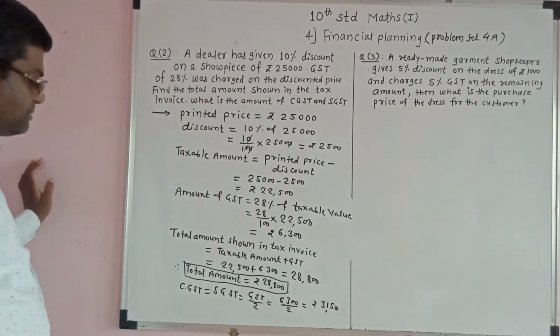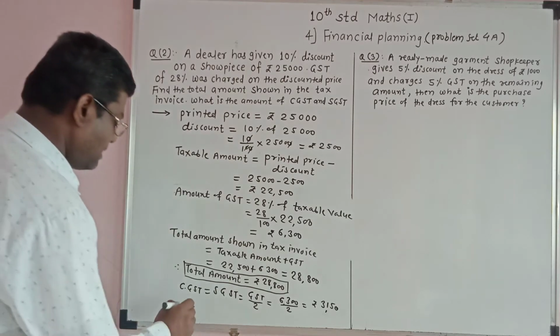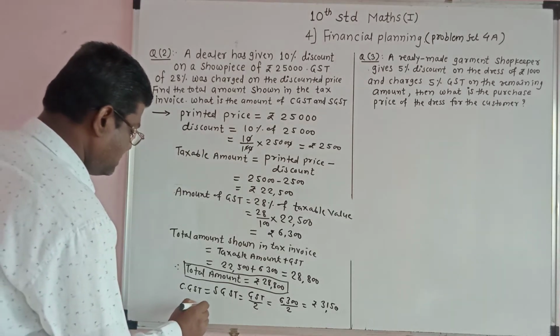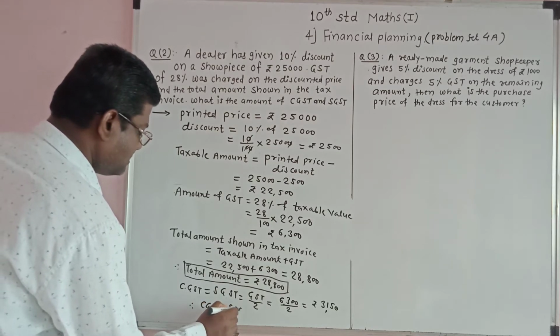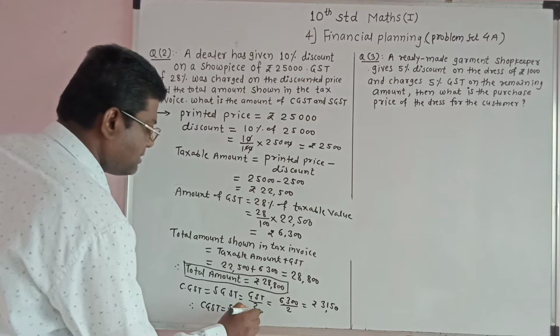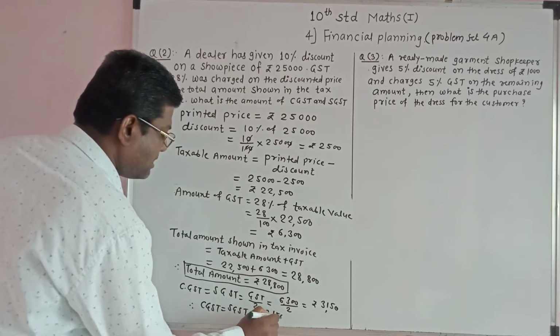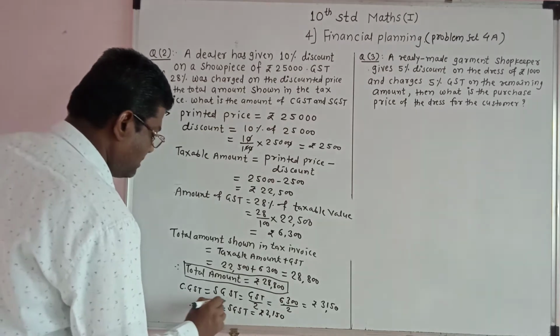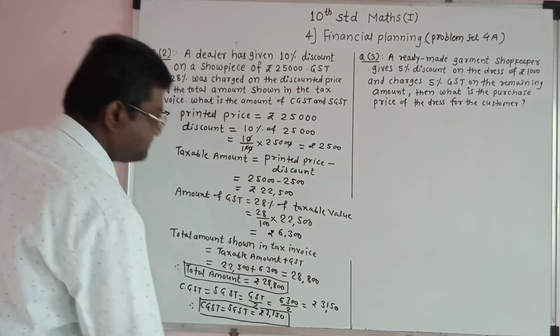This is the amount of CGST and SGST. Therefore, CGST is equal to SGST is equal to rupees 3,150, which is our second answer.